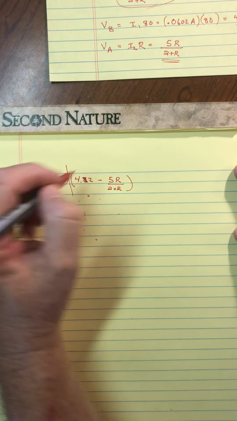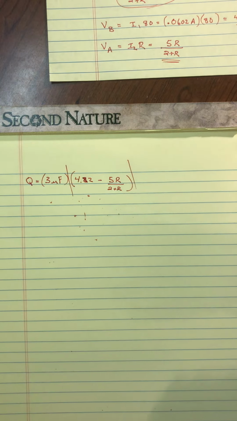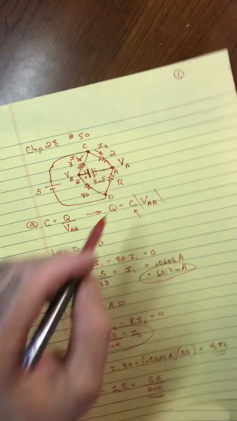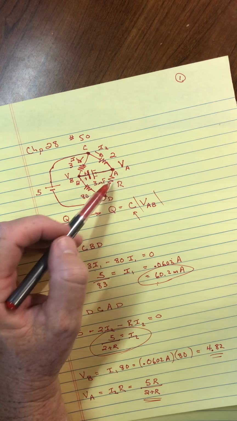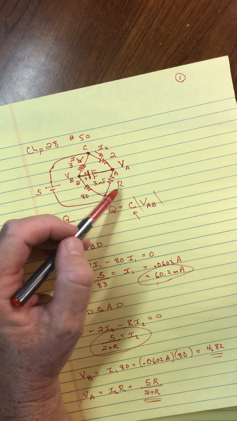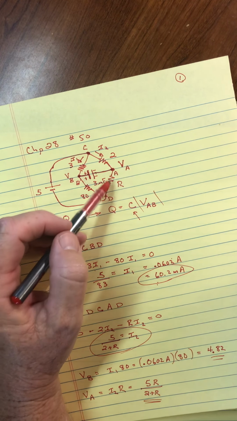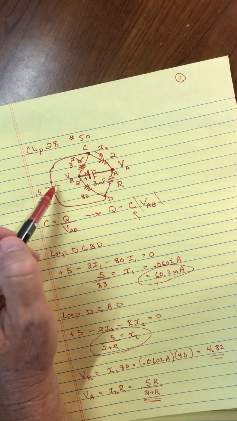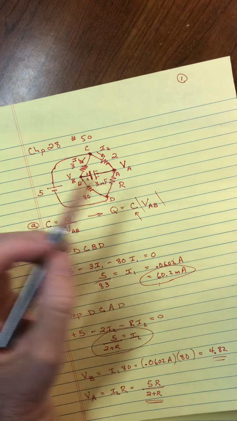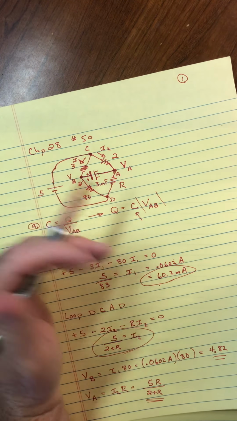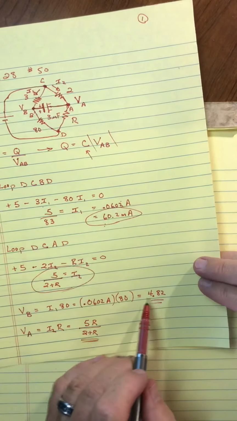And I guess technically I better do absolute value, because as you can begin to see, for most of the values of R, if this is like 2, this would divide it directly in half, and the voltage at A would be lower than B, because remember B has got an 82 in here, and so depending on this value, A is going to be above or below this 4.82.